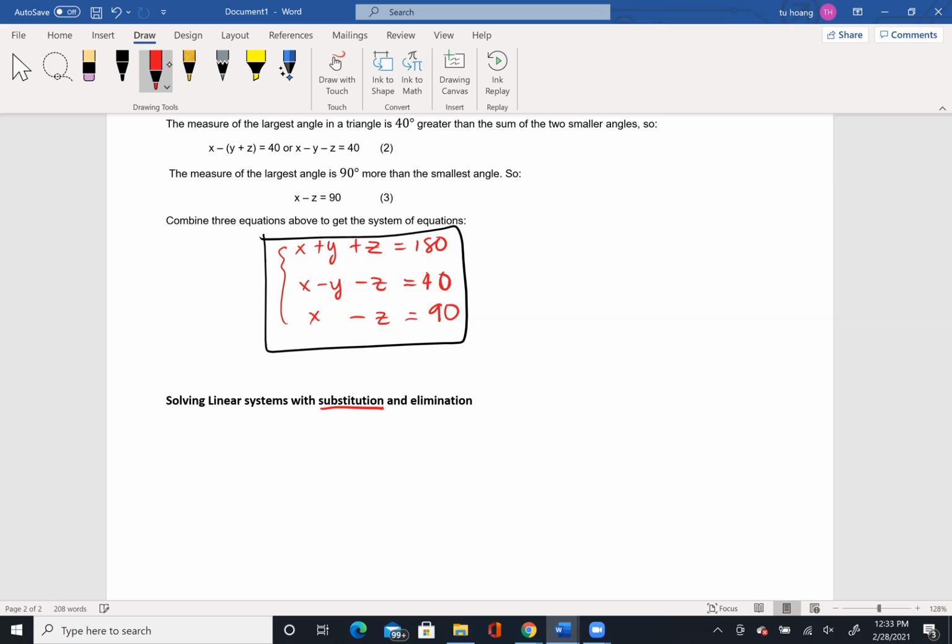The first one is substitution. The second one is elimination. So let's start with substitution first.